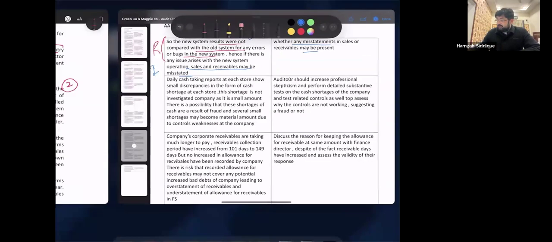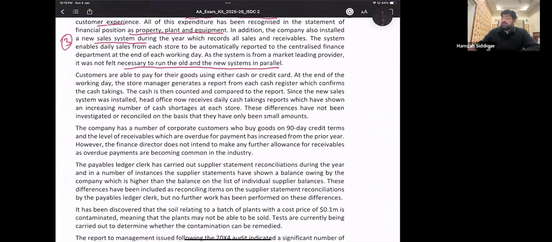Now, the next point. Customers are able to pay for their goods using either cash or card. At the end of the working day, the store manager generates a report for each cash register which confirms the cash takings. The cash is then counted and compared to the report.